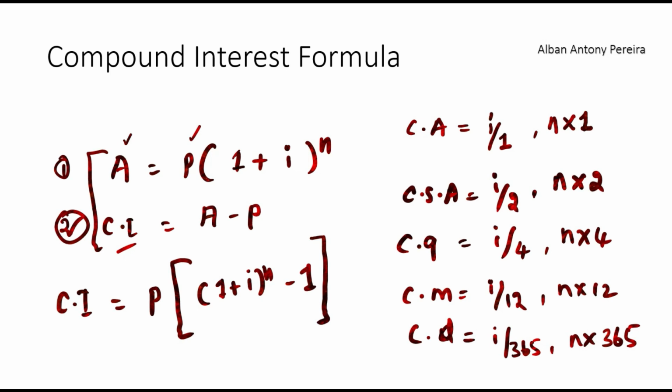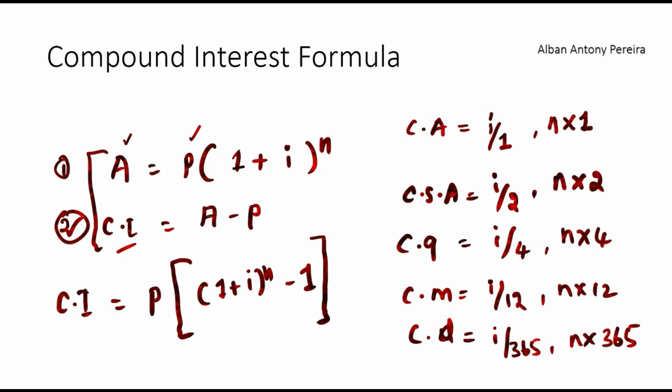If you apply this formula, then straight away you can compute compound interest. So note down all these formulas so that in further sessions we will understand how to compute all complicated questions very easily with these two different sets of formulas.